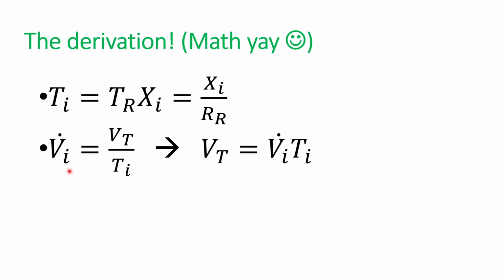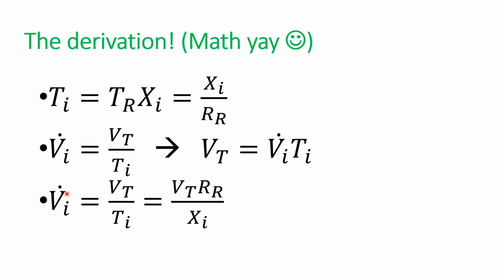Now next I want to take a look at the volume and flow relationship. If we have the flow during inspiration, we know that the average flow is just the total volume that they inspire over the time that it takes for them to inspire. We can rearrange this and get that the total volume that they inspire is the flow rate times the time that they're actually inspiring.